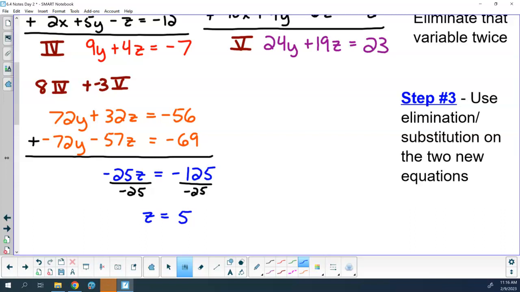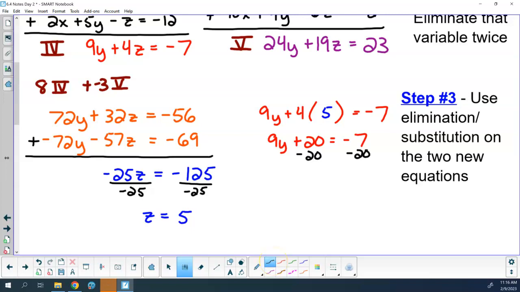Equation 4 or equation 5? 4. I get y is negative 3.